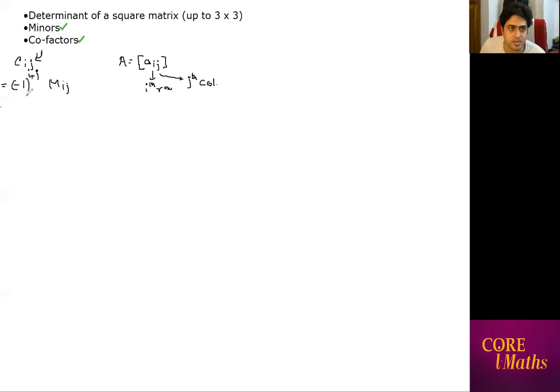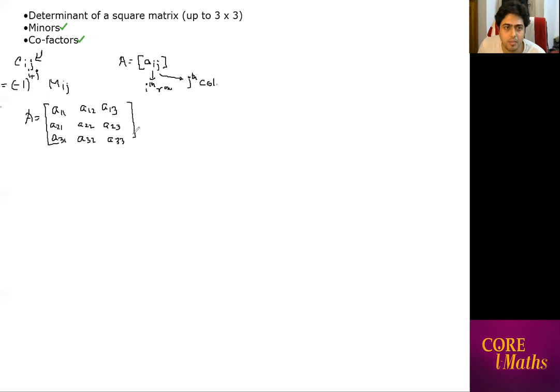How does it work? For example, A is a square matrix: A11, A12, A13, A21, A22, A23, A31, A32, A33.